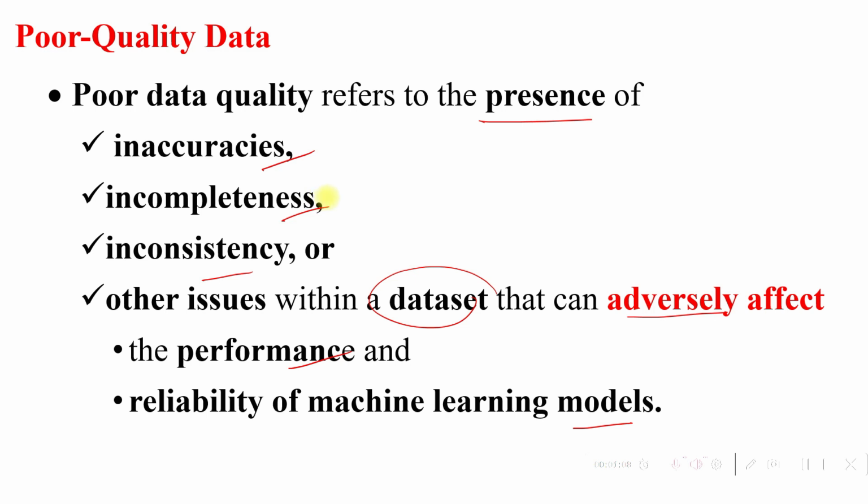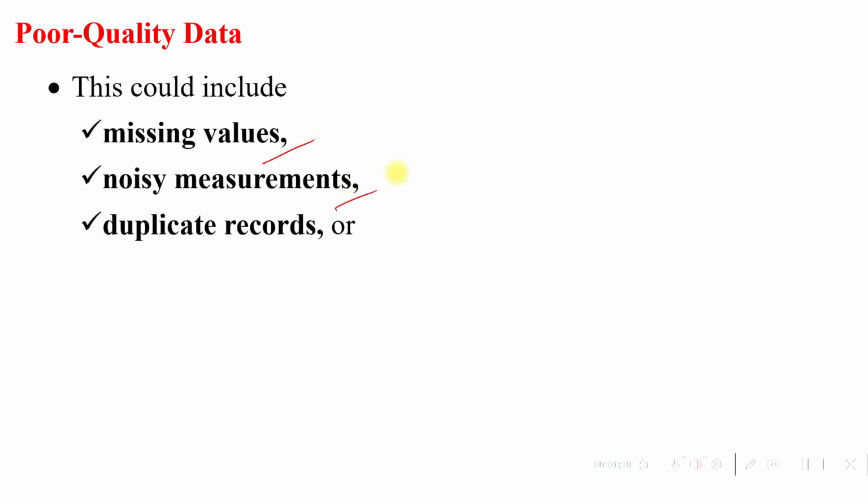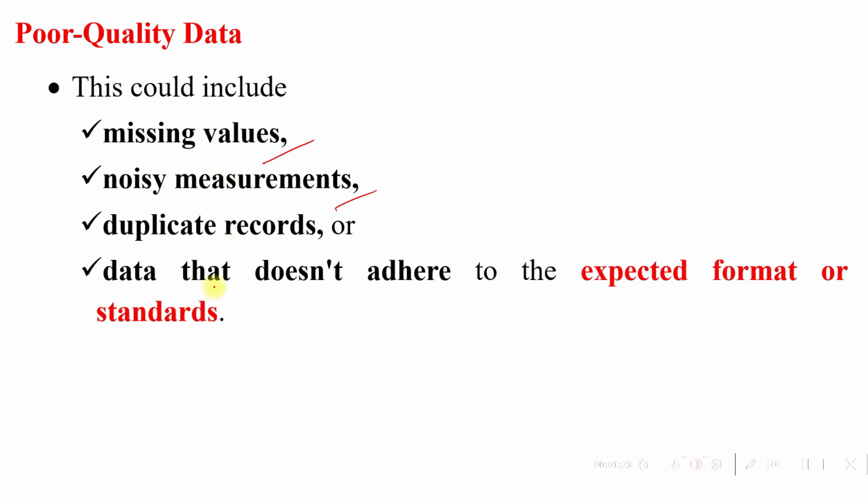It affects the performance of machine learning. It includes missing values, noise, duplicate records, and data that doesn't adhere to the expected format or standards.